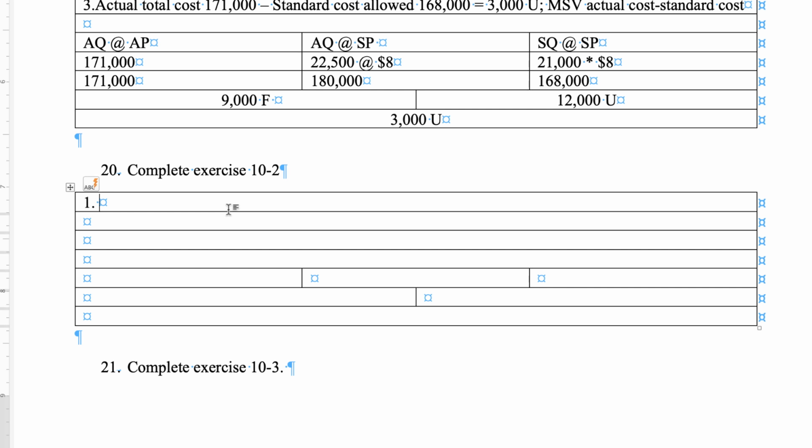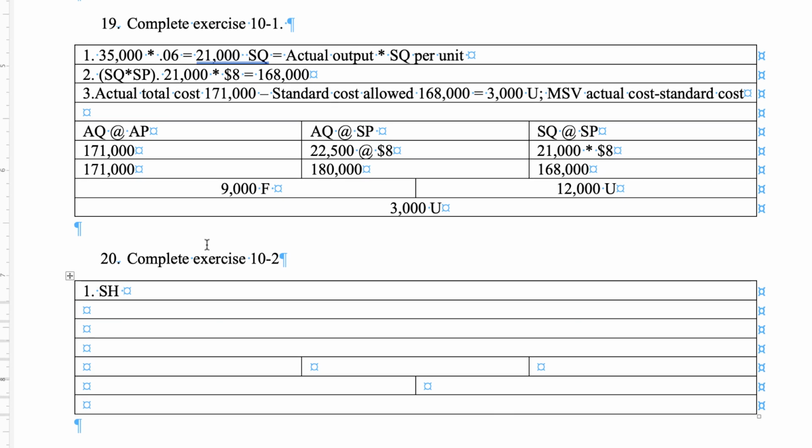So question number 1 asks, what is the standard labor hours allowed to prepare 4,000 meals? So right off the bat, we are calculating standard hours, right? Guess what? We calculate standard hours the same exact way we did for standard quantity of material, right?